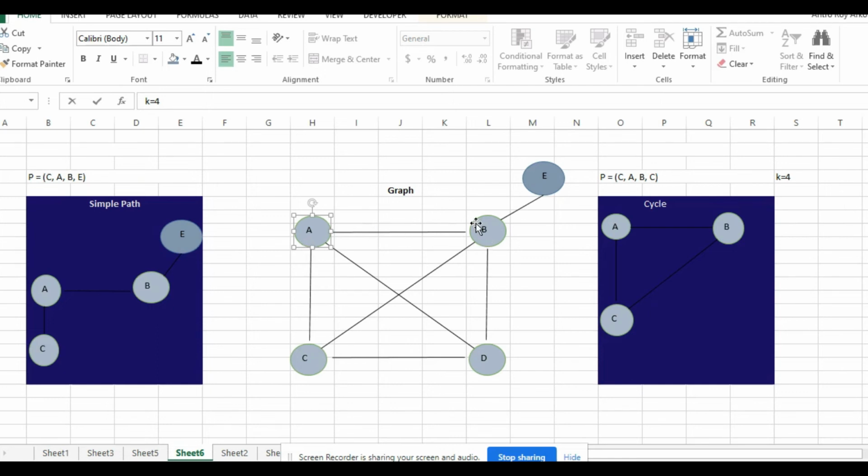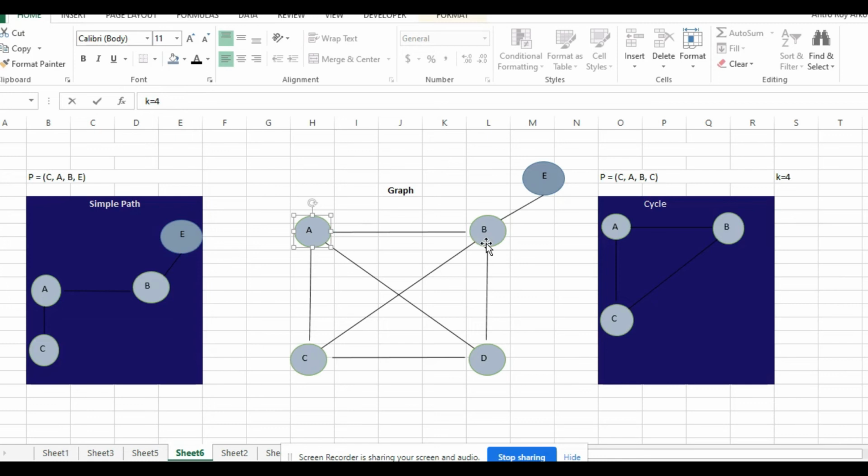So A has a path with B, then you can see that A has a path with C, A also has a path with D, and A has a path with E, ABE, or you can also say ADBE or ACBE. So as long as there are paths between a pair of vertices, it's completely fine. It doesn't matter whether it's direct or indirect. So A has paths with all the other vertices in the graph.